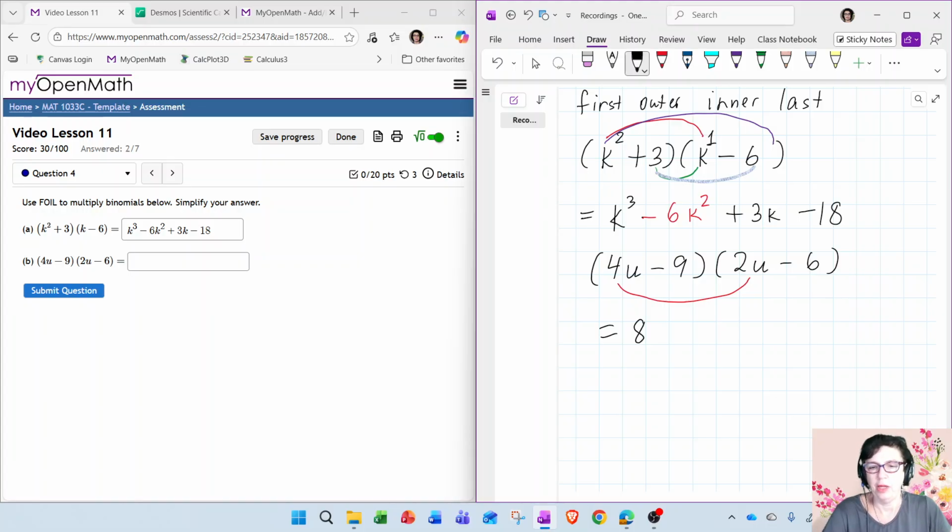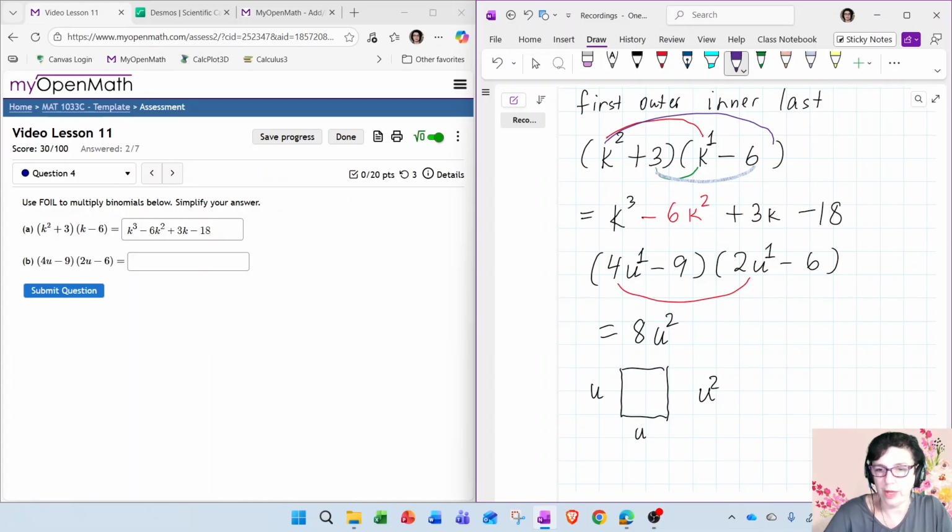Now remember, u is to the power 1, and again over here is also to the power 1. We add the exponents, and u times u is u squared, right? Because when you have a square with the side u and u, you got a square, u squared. That's the area of the square. Okay, we've got 8u squared.